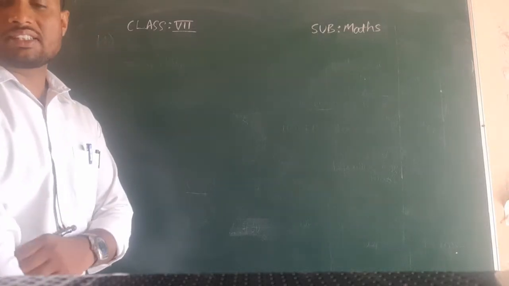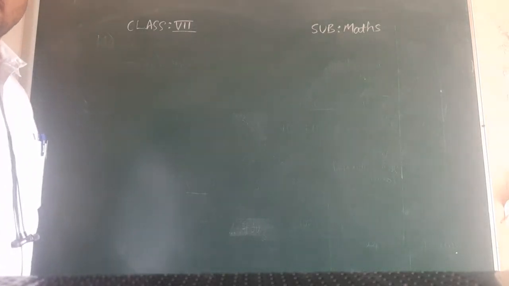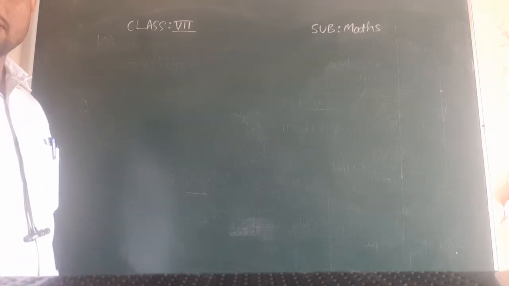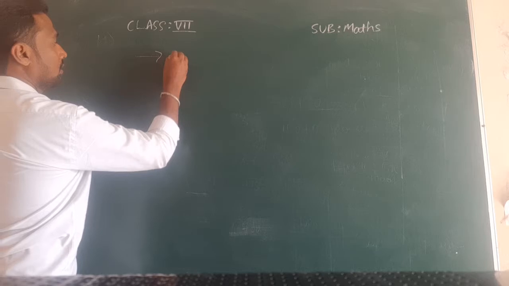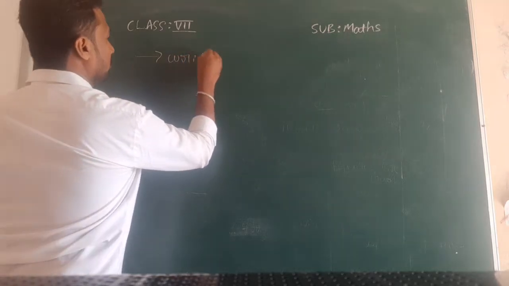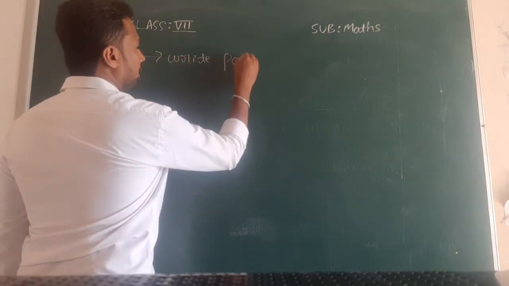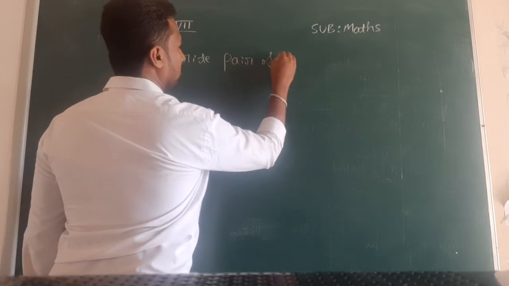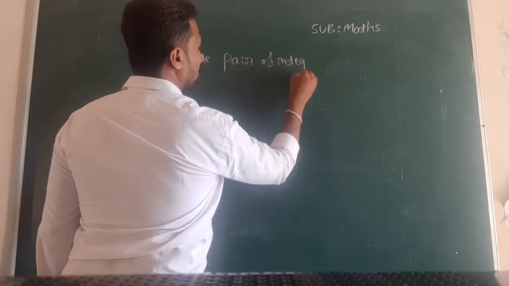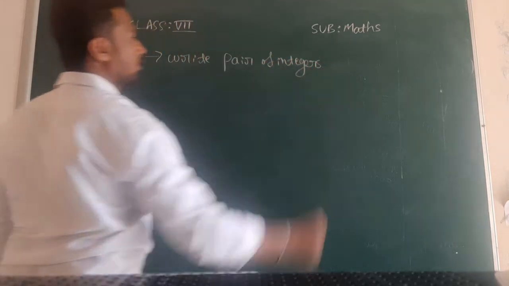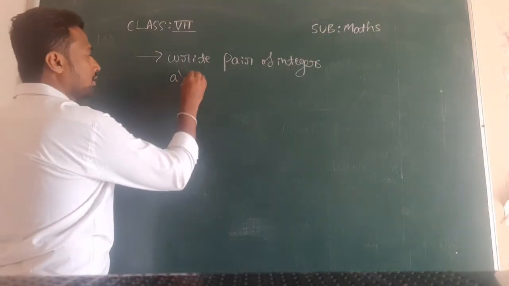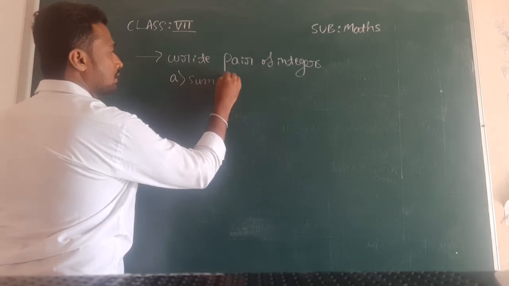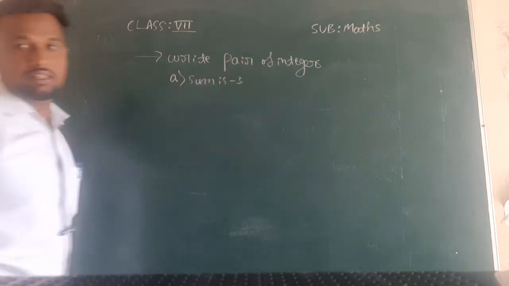Now the next example we will solve. Write down pairs of integers. Here is the question. Write a pair of integers for which we should get: A, the sum is minus 3.